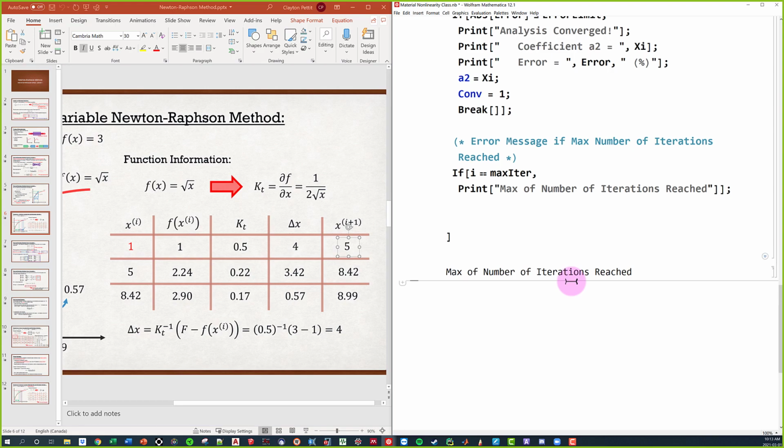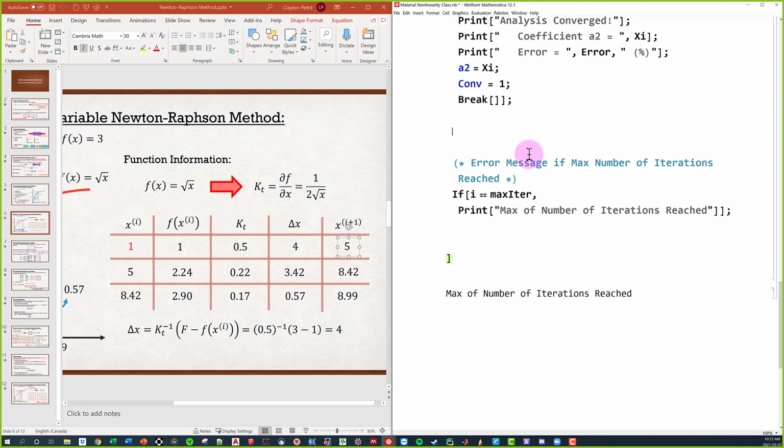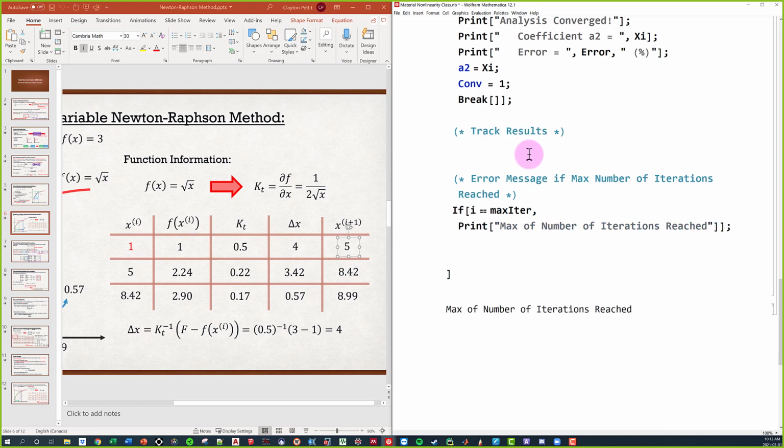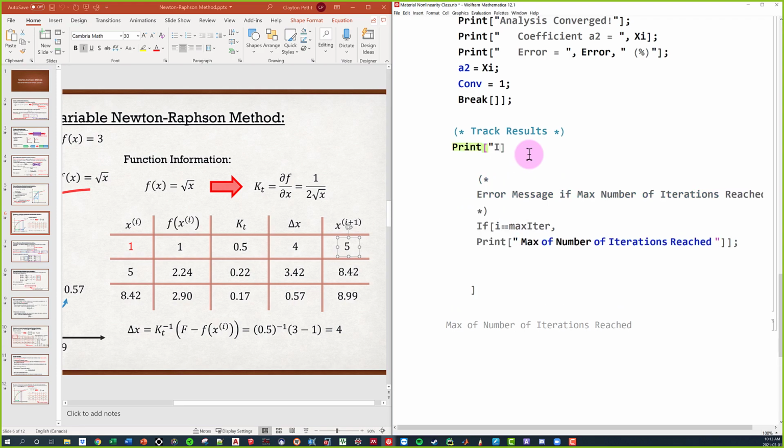But one of the last things I want to add to this loop is just an updater. We knew that we did an iteration, but we have no information on this iteration at all. So I'm going to create another section just to track the results, so that you guys can see what exactly is happening at each iteration. The first thing I'm going to put is what iteration we are on.